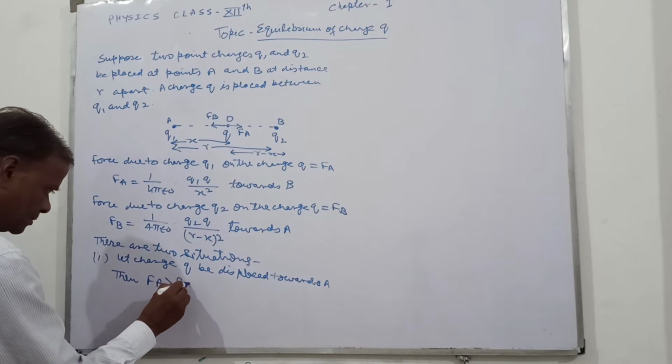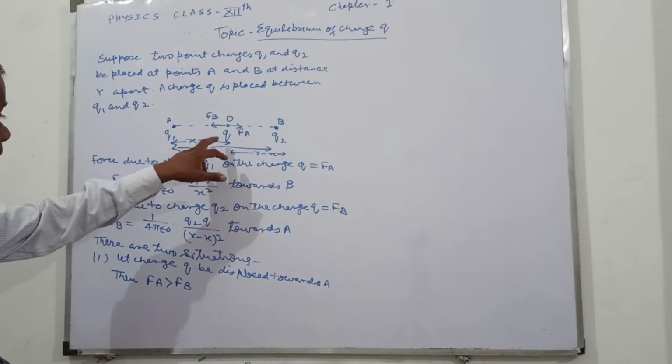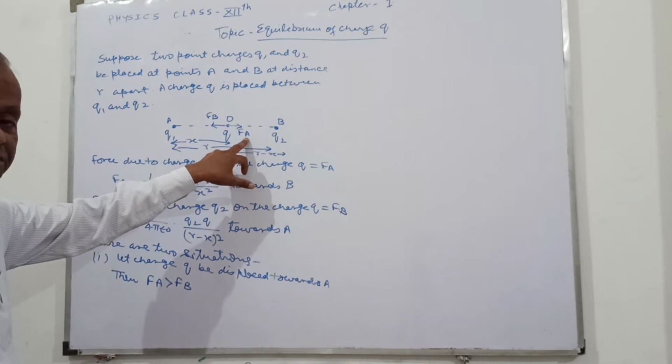FA is greater than FB, and here we see that FA and FB are in opposite directions to each other.